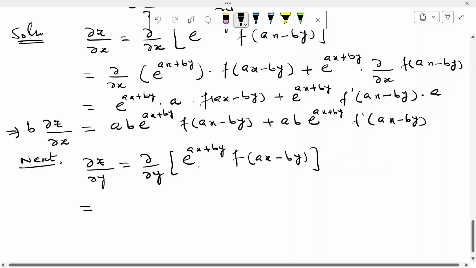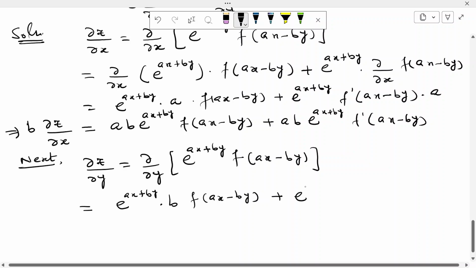First we differentiate the first function, e to the power ax plus by, with respect to y. So this will be e to the power ax plus by. Now if you differentiate ax plus by with respect to y, this gives you b, and we have the second function as it is.